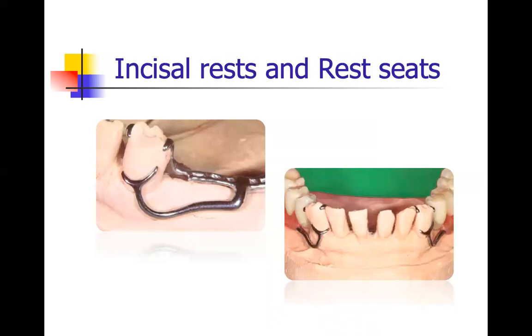Incisal rests and rest seats. Incisal rests are placed at the incisal angles of the anterior teeth and on prepared rest seats. Incisal rests are used as an auxiliary rest or as indirect retainers.